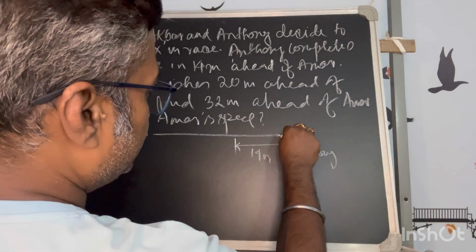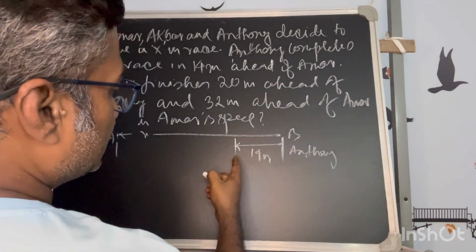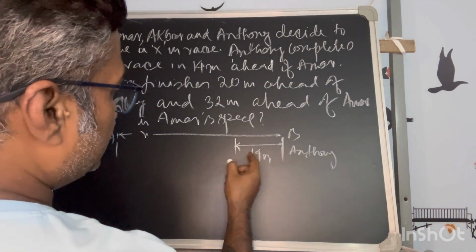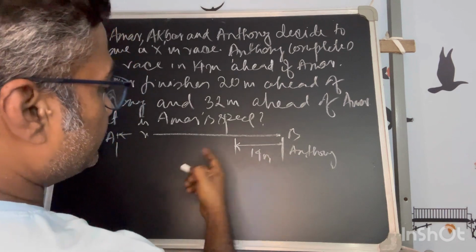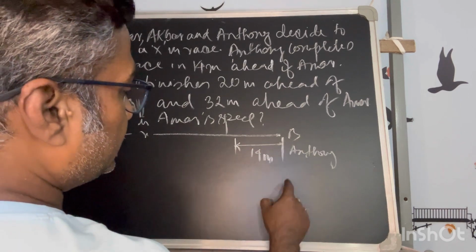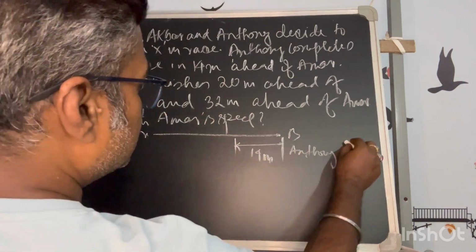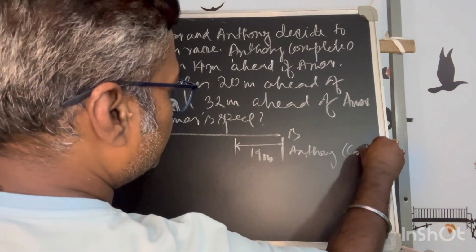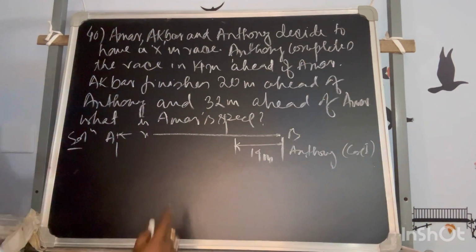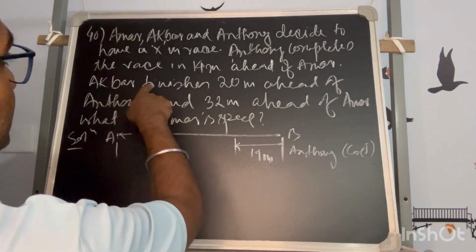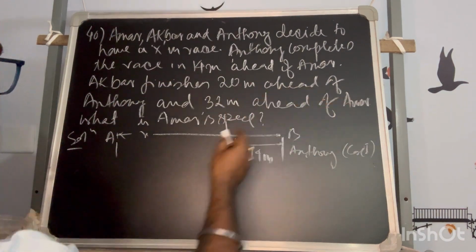So that means when he has reached, Amar is 14 meter behind Anthony, and Anthony's position is the finish line. This is case 1 when we compare Anthony and Amar. In the second case, Akbar finishes 20 meter ahead.